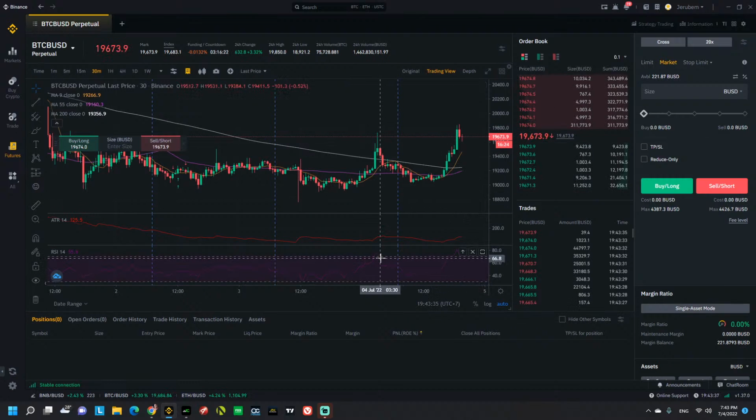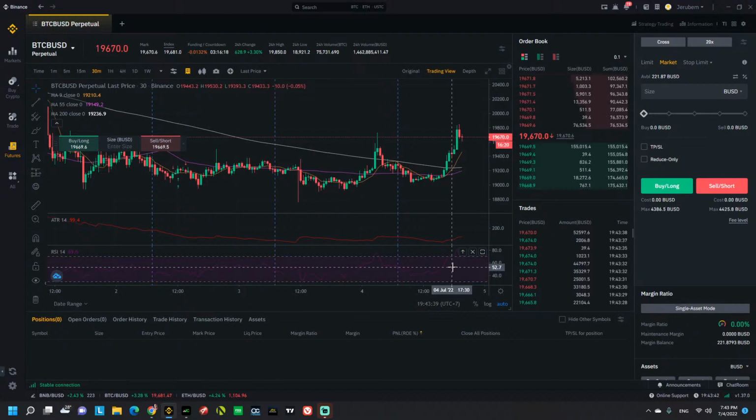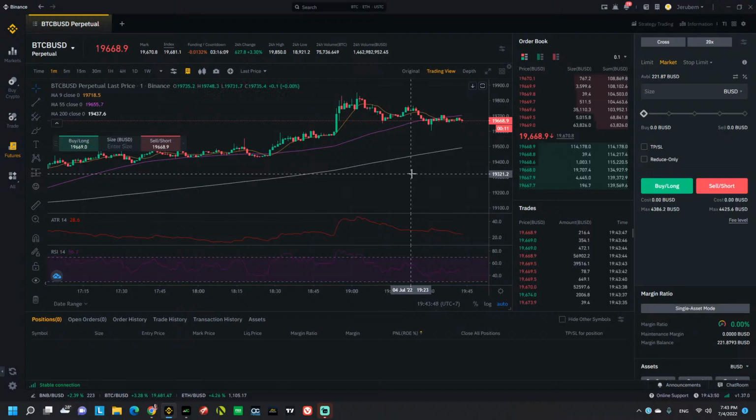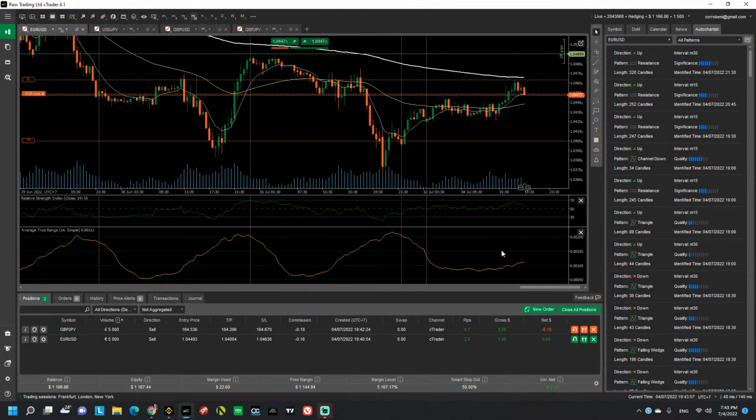There's a possibility it might continue, but it's now overbought. Let's see if the ATR is moving upwards. Let's see in the 1 minute. So nothing yet, nothing happening. So let's stick with Forex for now. Let's see what's happening.